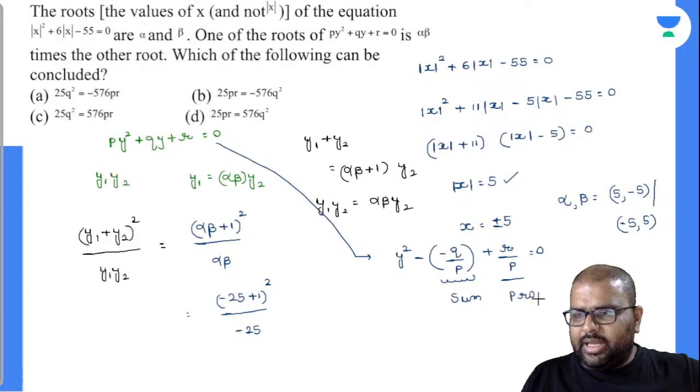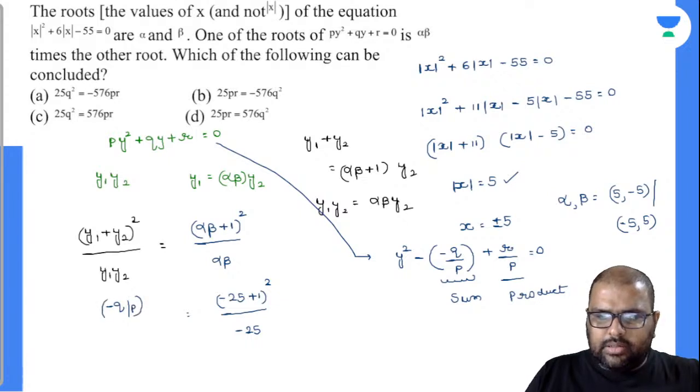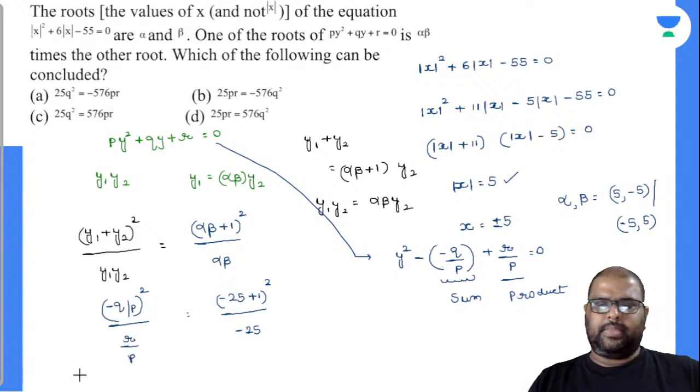So finally, can I write it like this: minus q by p whole square divided by y1 into y2, which is r by p. Done.